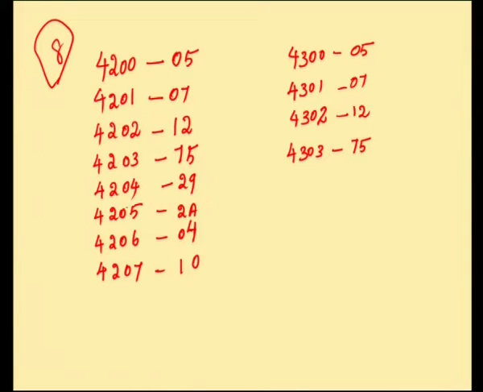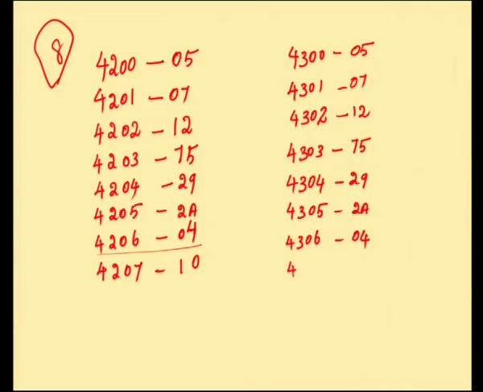Next I have to read 4204 data which is 29 to 4304. Next I have to read 4305 with 2A. 4306 will get 04, which is the content of 4206.